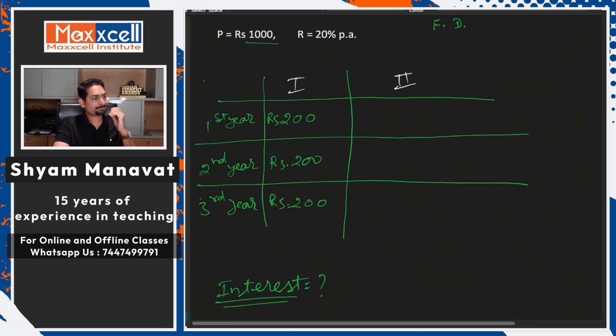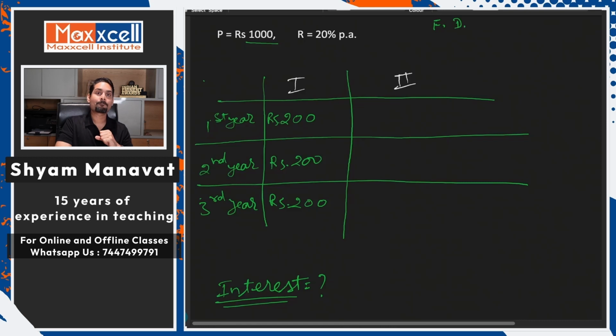Now tell me how much did I earn as interest in 2 years? Plural, 2 years. So 2 years will be first year plus second year. 200 plus 200. So in 2 years, I have earned 400 rupees as interest. If I talk about 3 years, then in 3 years, I have earned how much? 200 plus 200 plus 200.